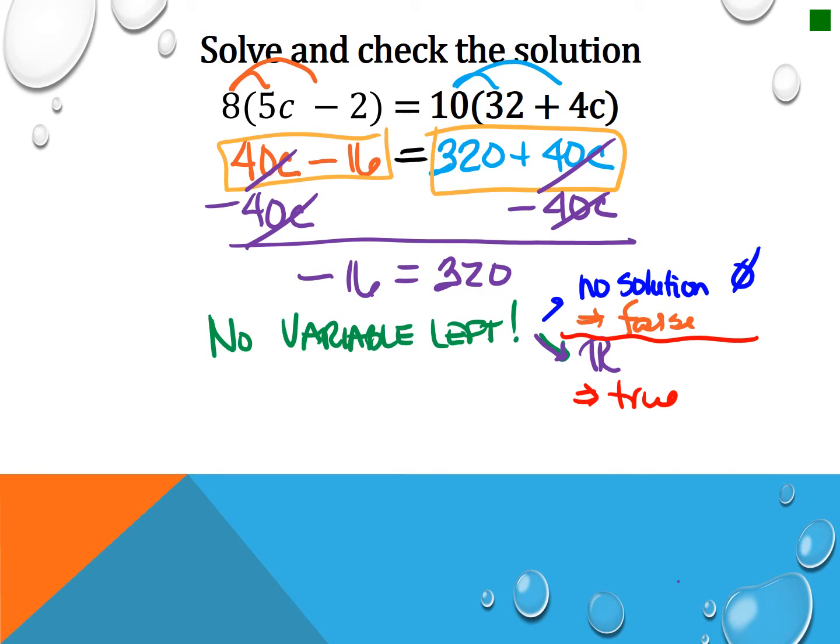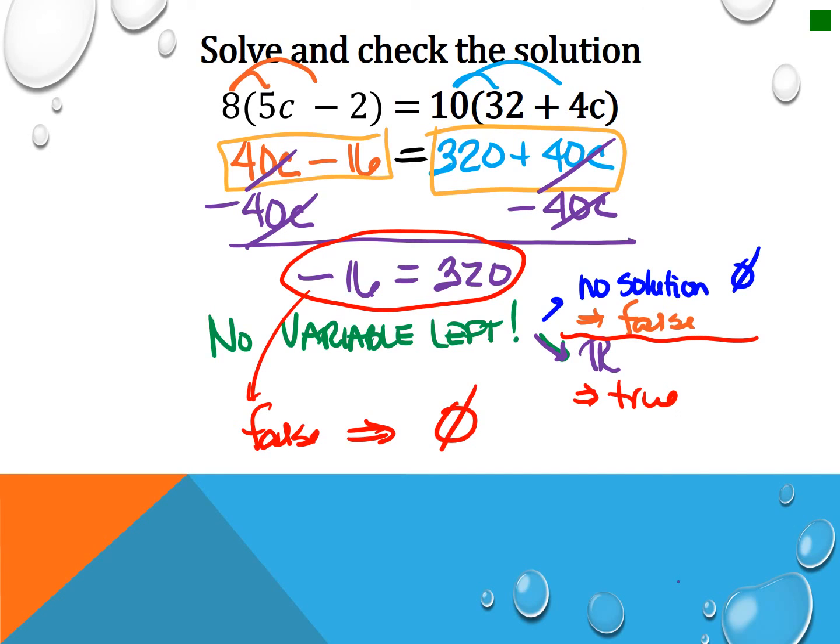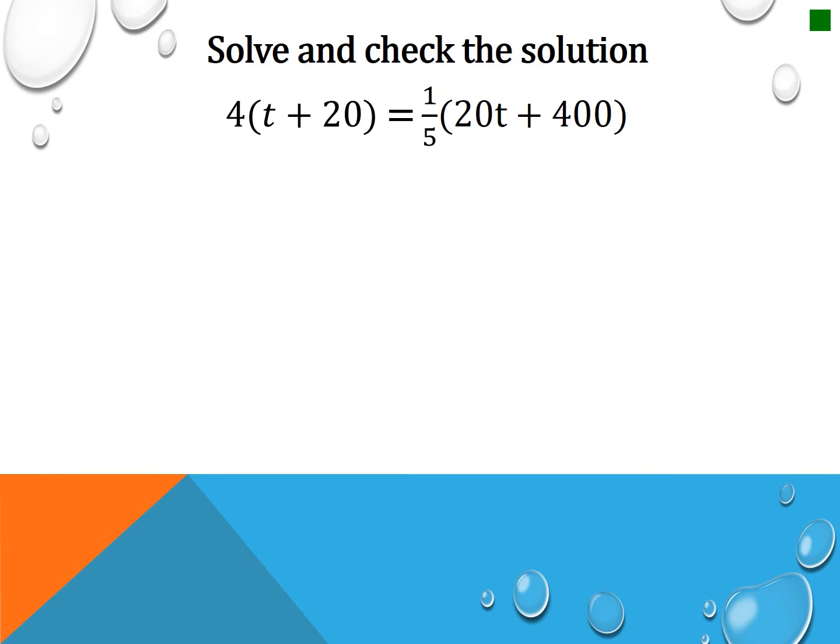So my question is, is negative 16 equal to 320? No, that's silly. So because this is false, that means my answer is no solution. That means no matter what number I put in there, I can never make the left side equal the right side.